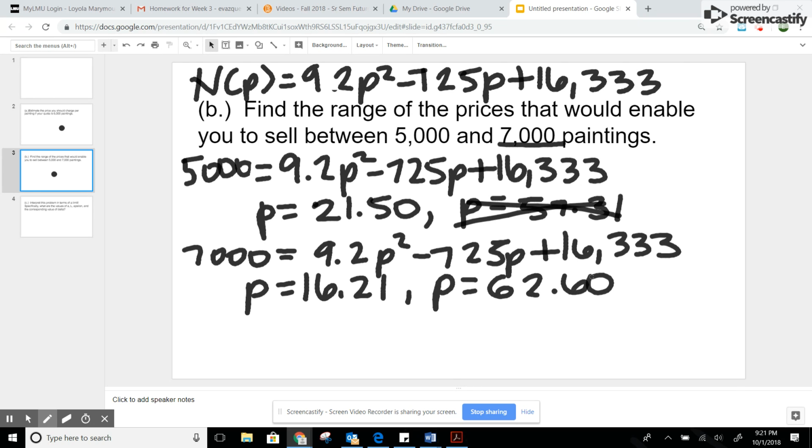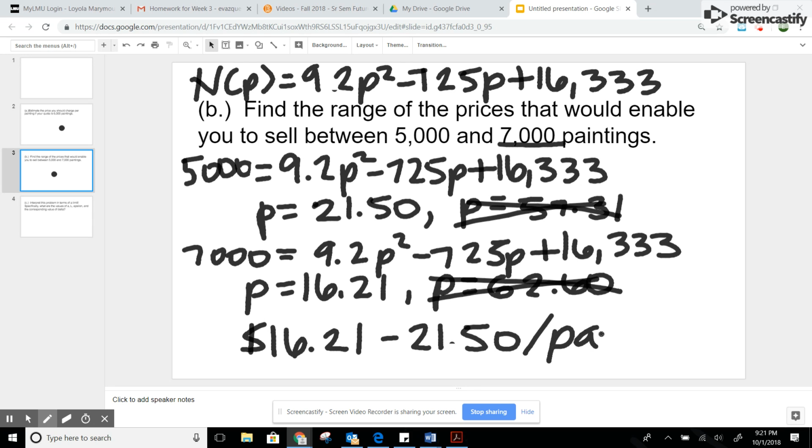Again, rereading the problem originally given to me, it cannot be 62.60 because the painting has to be less than $50 per painting. So to sell between 5,000 and 7,000 paintings, you would need to charge between $16.21 and $21.50 per painting. That would be the range of prices that would enable you to sell between 5,000 and 7,000 paintings.